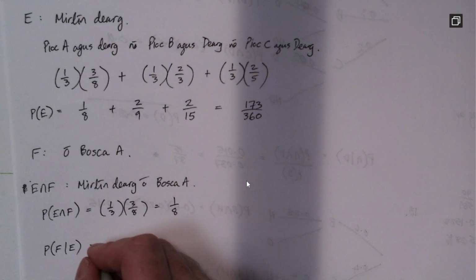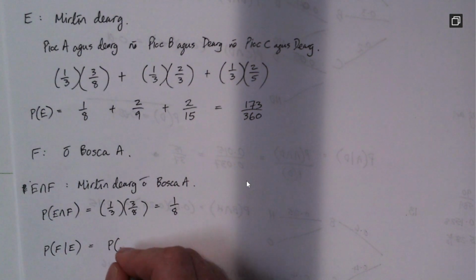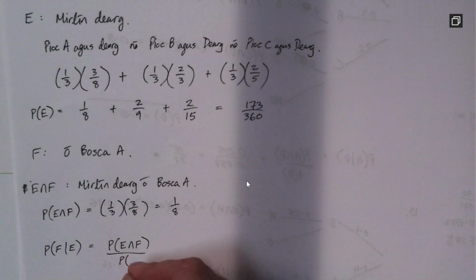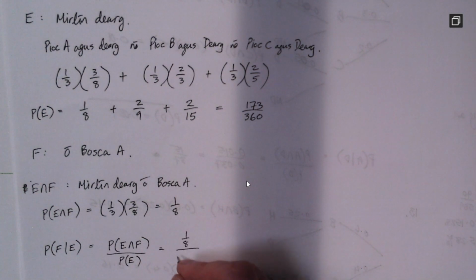So in this quadrant, the probability of E and F divided by the probability of E. So E and F is the north answer, and the quadrant here is the north.